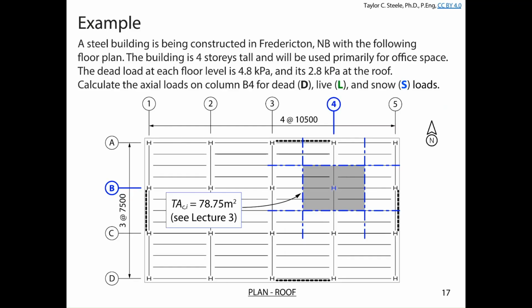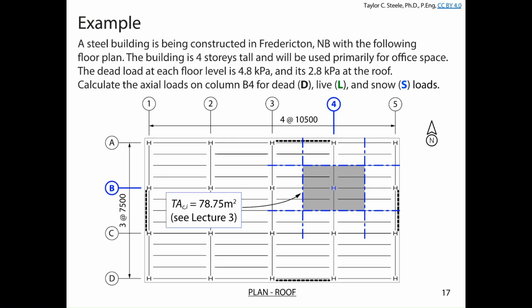The problem here is the same story structure that we've been looking at throughout the course so far. It's going to be primarily used as office space, which should tell us some things about live load and whether or not we're allowed to reduce the live load. And we're also going to look at the snow load, which we just calculated. Okay, so the problem here is we've got a 4-story structure. It's got this dead load on the interior floors, a different one on the roof.